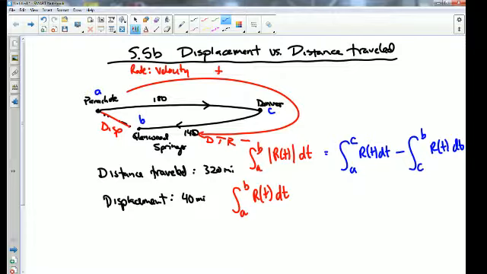You don't know where this negative starts and ends. You have to know where the velocity changes sign. If you just add it, it won't matter. Does matter.